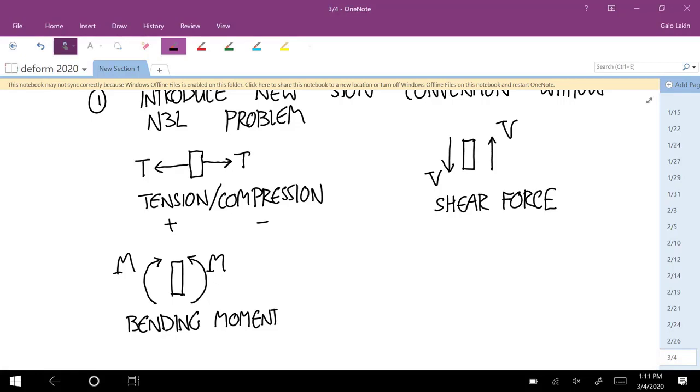And then the last one is the torque about the x-axis. So that's a couple this way or a couple this way, depending on which face you're on. Since this is called the torque, I'm going to call it capital T, but I'm going to do it all fancy like. So this is the torque.